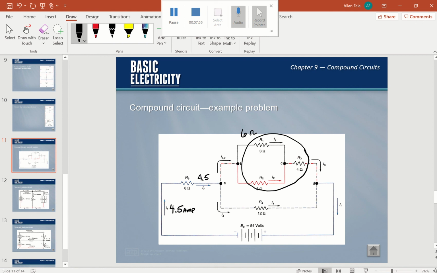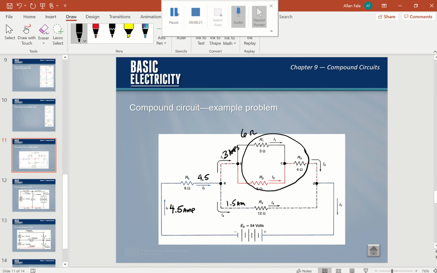We know that 2/3 of the current is going to follow this path, and only 1/3 is going to follow that path. So if we took the 4.5 amps and took 2/3 of that, that would be 3 amps and 1.5 amps.